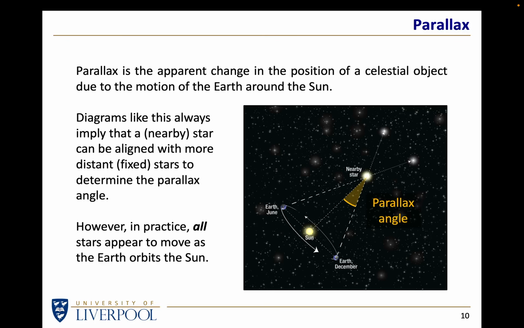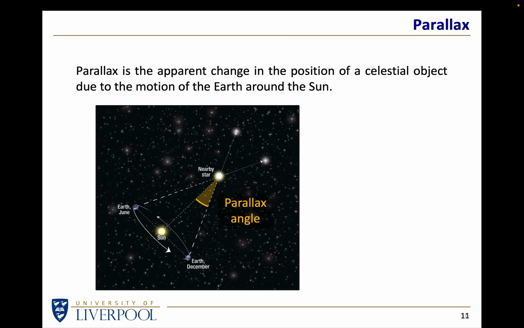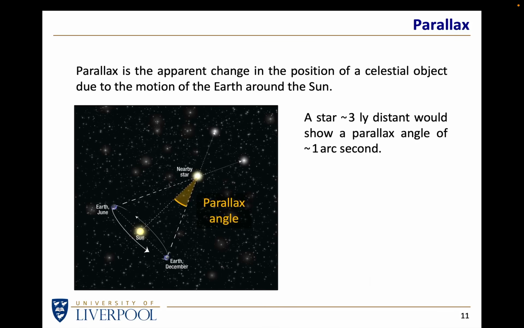So we've got multiple movements that we have to try and disentangle, not helped by the fact that these angles are very small. A star that's 3 light years distant, for instance, would show a parallax angle of 1 arc second. Remember, 1 arc second is 1/60th of an arc minute, which is 1/60th of a degree. So even relatively close stars have parallax angles which are quite tiny.